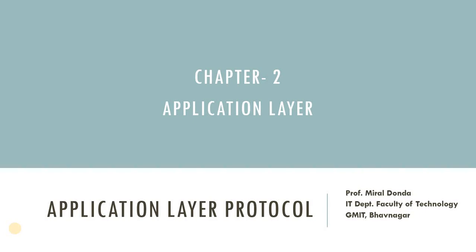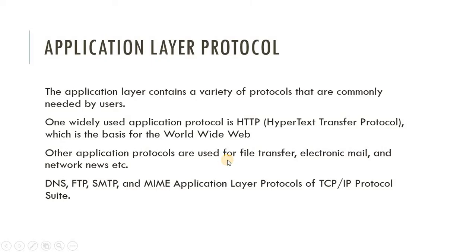In this lecture we are going to learn about application layer protocols, which are the protocols that reside on the application layer. So let's start. The application layer contains a variety of protocols that are commonly needed by users.